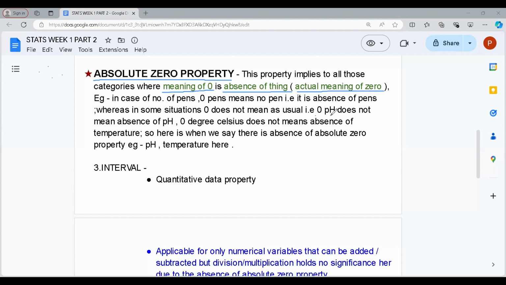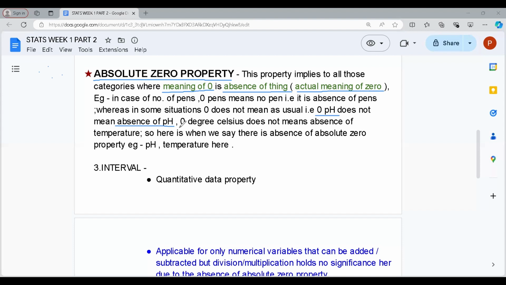For example, zero pH does not mean absence of pH. So whenever you have any solution and you say it is having 0 pH, you cannot say it does not have a pH. You will be having a value specified as what a 0 pH is, whether it's basic or acidic.